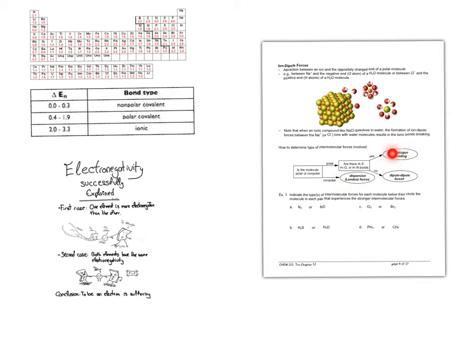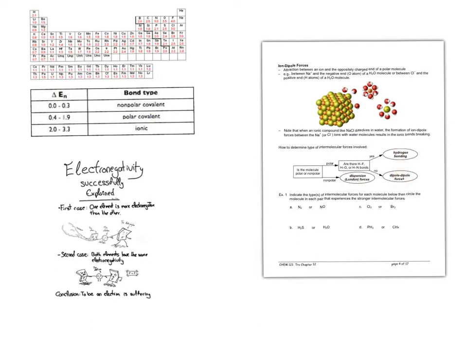And if they're hydrogen bonds, they have the highest strength intermolecular forces, and if they're dipole forces, they have the medium strength intermolecular forces. So it's important to be able to tell the difference between hydrogen bonding, dipole forces, and dispersion forces in any molecule.